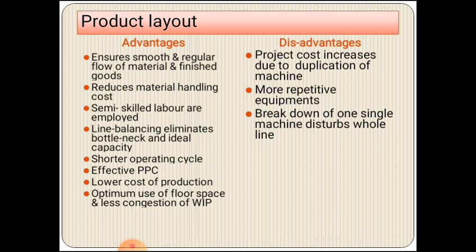And breakdown of one single machinery causes stop of work, because every single activity depends on the preceding and succeeding activity. So if one machinery breaks down, it always affects the whole production process, because it's a line, and if one machinery is damaged, we cannot complete our production.